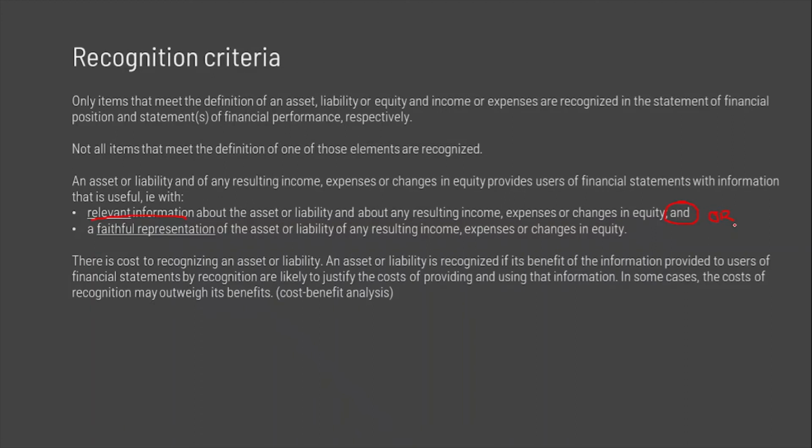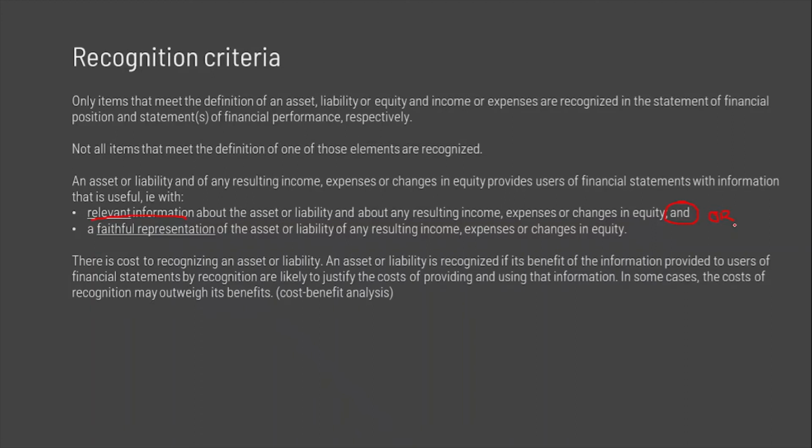Providing information as well as using that information entails cost. For example, the reporting entity may incur cost in appraising its property for measurement purposes. Users spend time and effort in analyzing and interpreting the information.